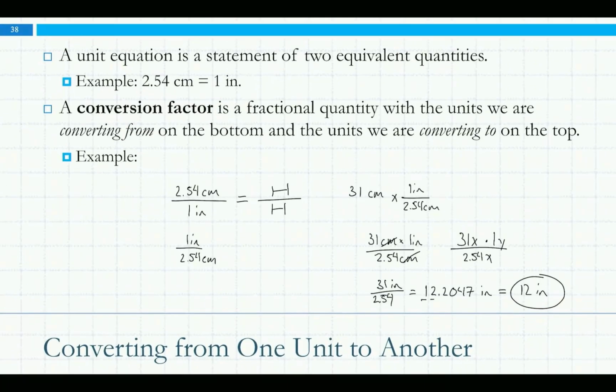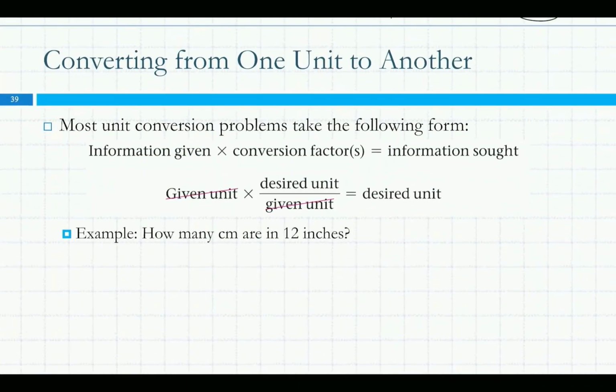So that's why this will be like the main setup for most problems, because we're just writing out like, how do I convert this? Centimeters cancels out with centimeters. Put this into a more general way, right? Given unit times the conversion factor, desired unit over the given unit, it's going to equal the desired unit.